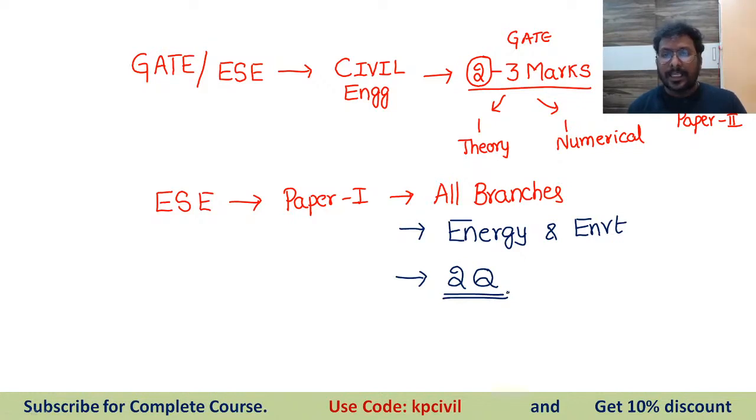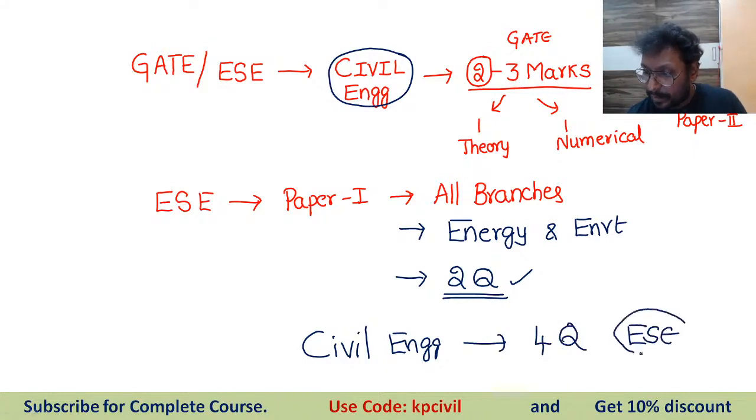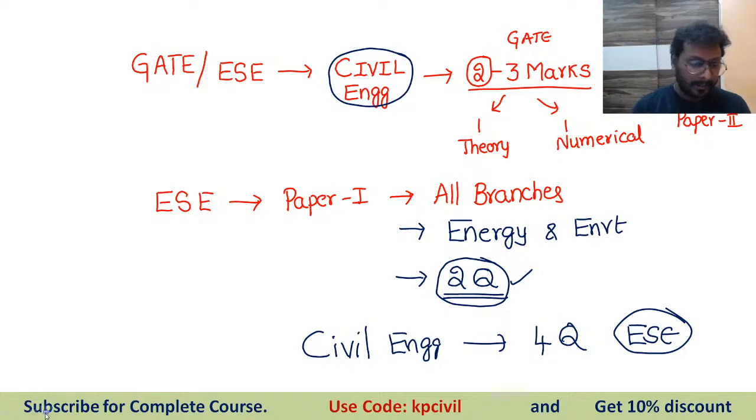For a civil engineering student, from air pollution in paper 1 and paper 2 combined, in ESE he is going to write 4 questions. For other branches, with respect to energy and environment, we have 2 questions.